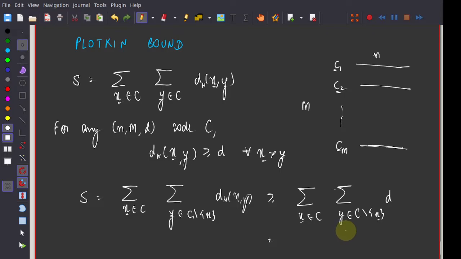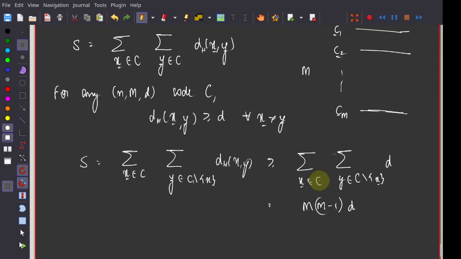The inner summation? M minus 1 elements. Okay. What about the outer summation? M elements. This is just M into M minus 1 into d. So this sum is lower bounded by M into M minus 1 into d.